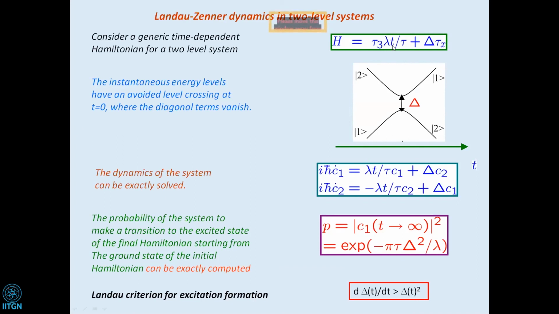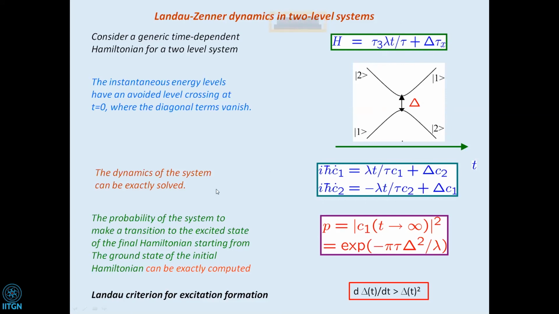If sufficiently far in the past, these two levels are very widely separated because of this T, and one is the ground state, but sufficiently far in the future, for T going to plus infinity, and back in the past meaning T going to minus infinity, the ground state and the excited states are swapped. And in between, there is an avoided level crossing whose magnitude is determined by this delta.